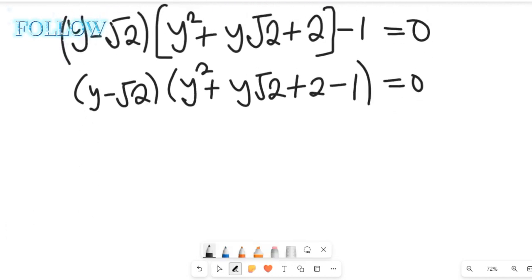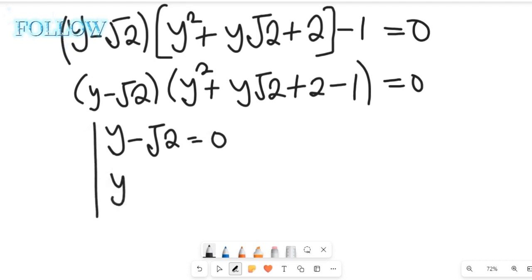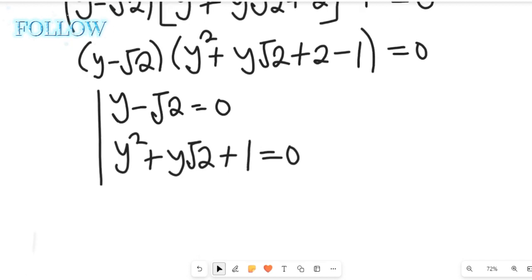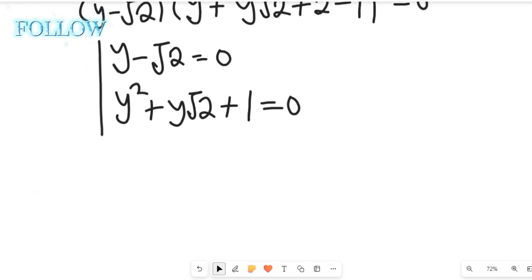This expression will now give us y minus root 2 equal to 0, and also we'll have y square plus y root 2 plus 1 to be equal to 0. So from these two expressions, we can simply simplify to find the value of y.